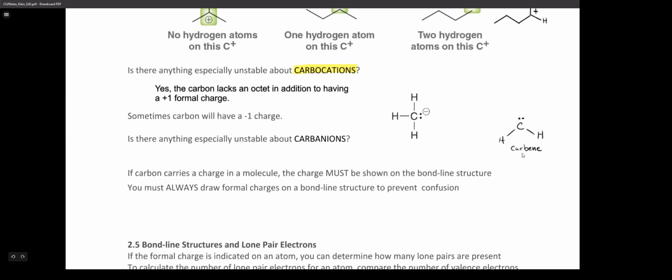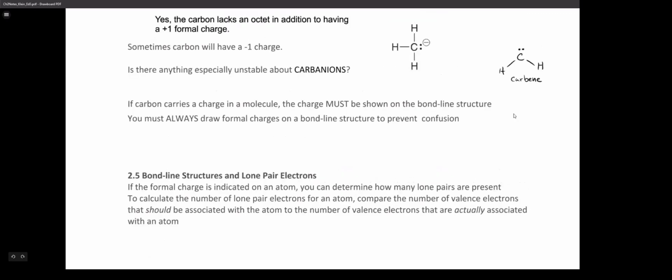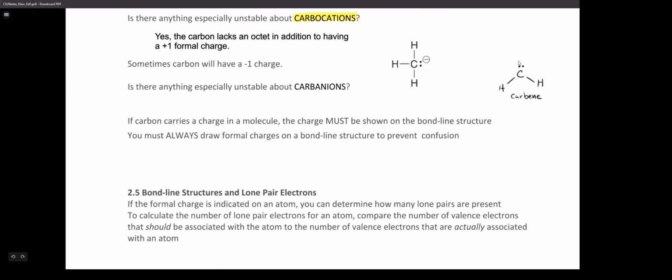So anyway, 0 charge. Don't worry about carbenes. You won't be tested on them unless I ask you what's the formal charge, and the only reason I would ask is to test that you know how to do the calculation. Carbon has a valence of 4, so 4 minus 2 electrons, minus 2 bonds, 0 formal charge.